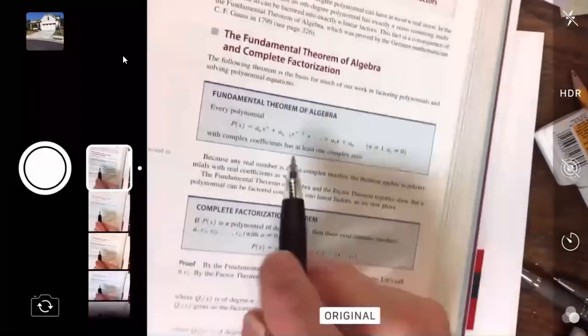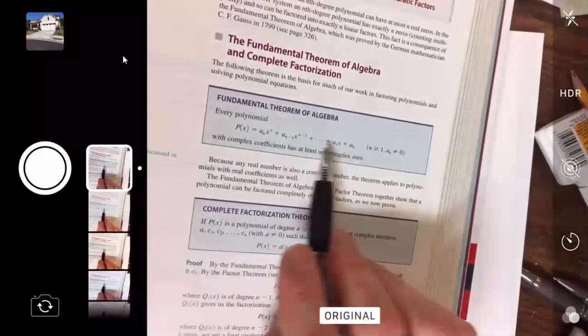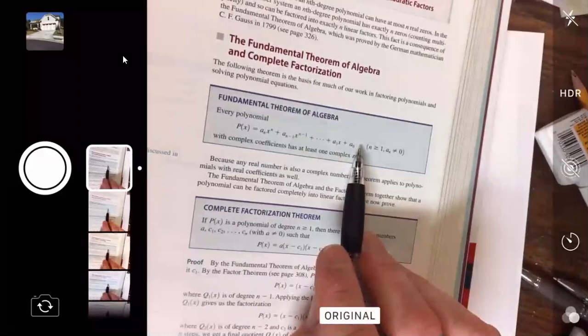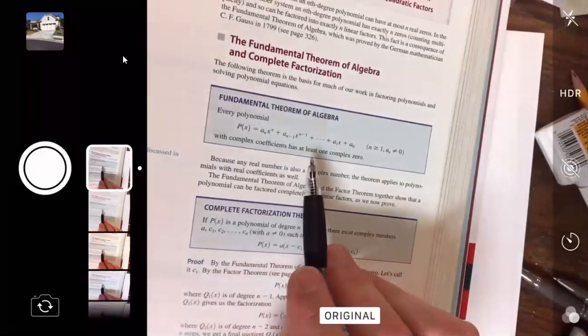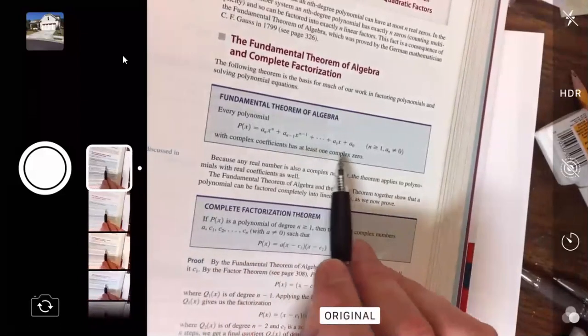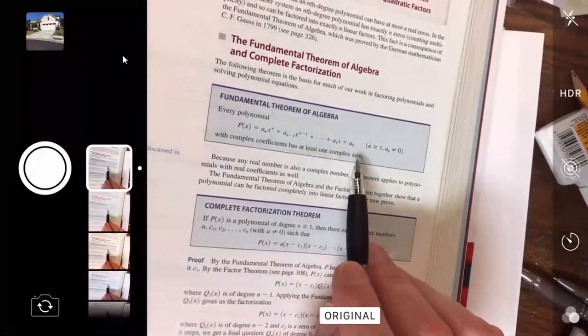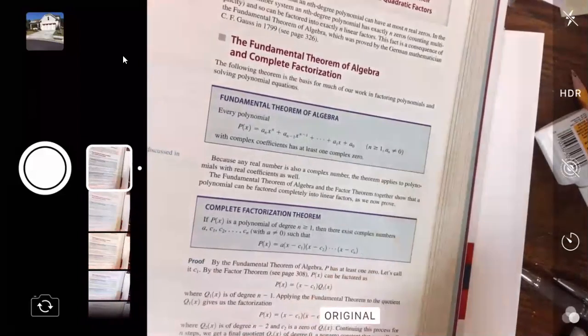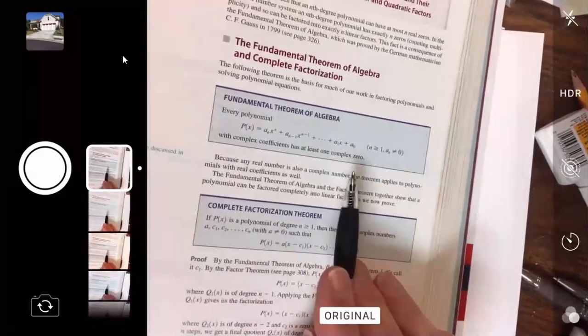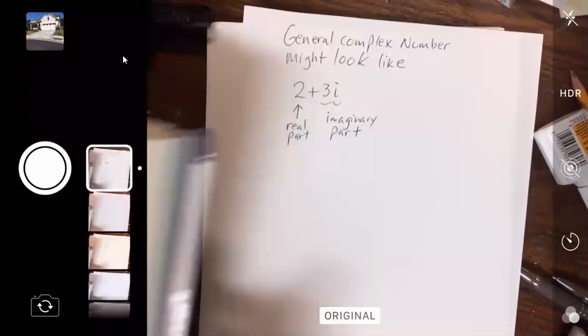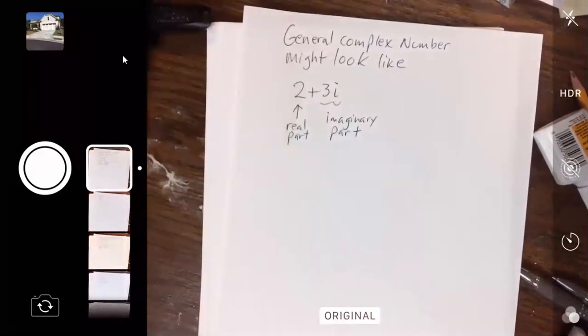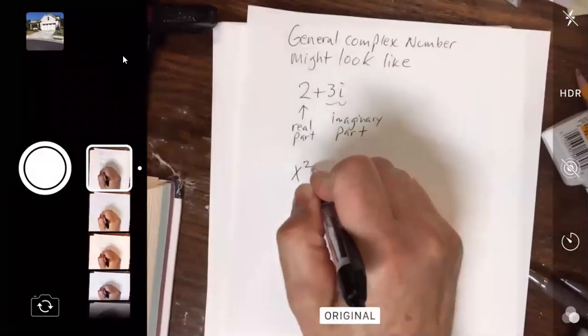Okay, so they're taking a polynomial, saying it has complex coefficients, has at least one complex zero. I'm not going to write all that down, but to make it look somewhat familiar, take a polynomial.